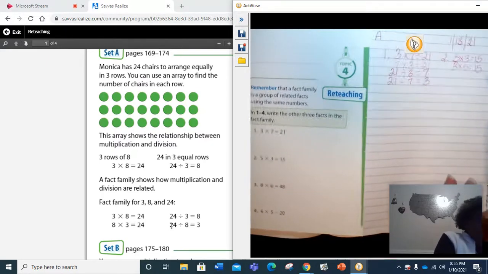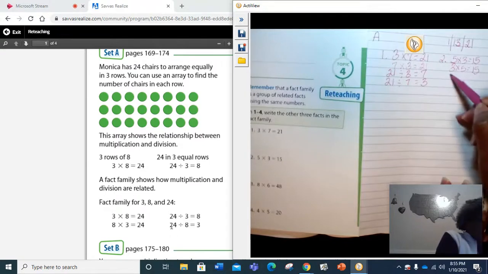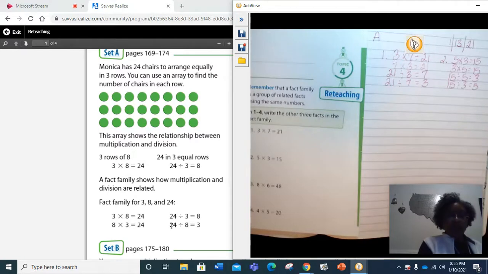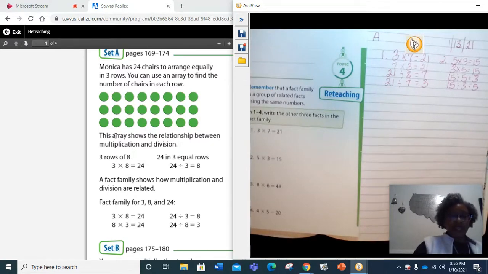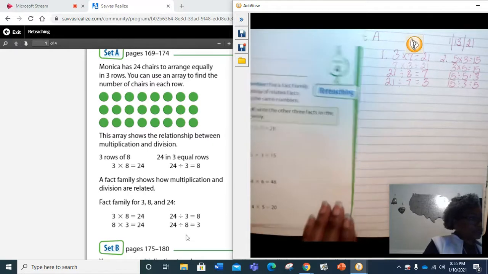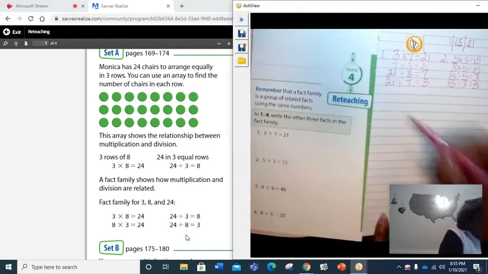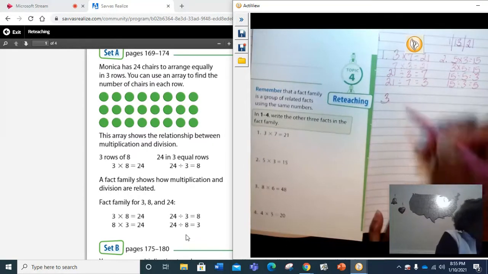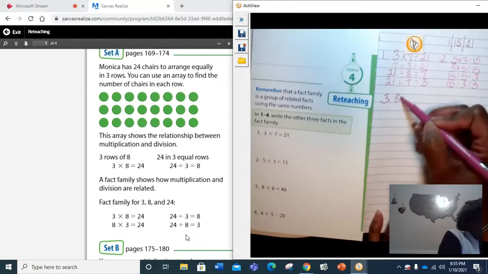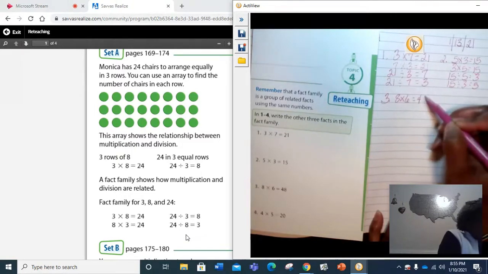And then I'm going to put my division sentences. 15 divided by 5 equals 3, and 15 divided by 3 equals 5. Remember, I always have this right-hand side to help me if I forget what to do. Let's go to number 3. I'm going to skip a line here. Number 3 is 8 times 6 equals 48.